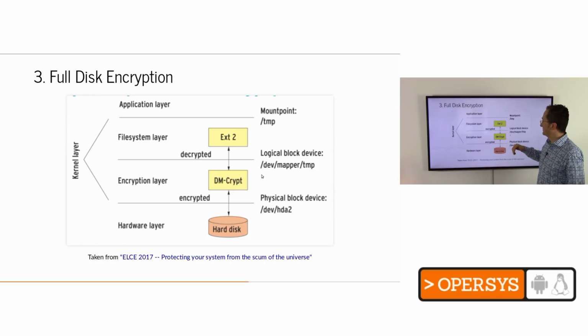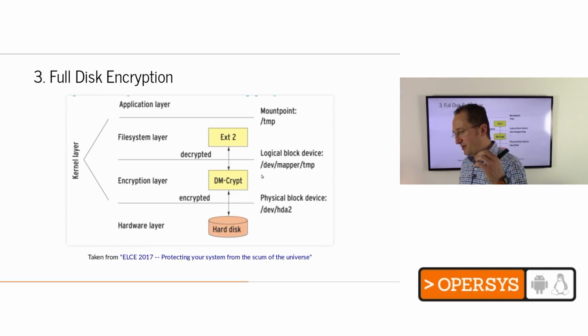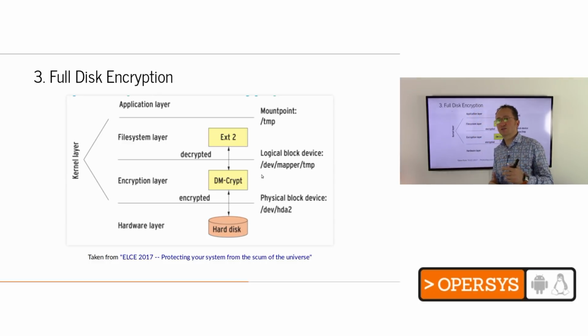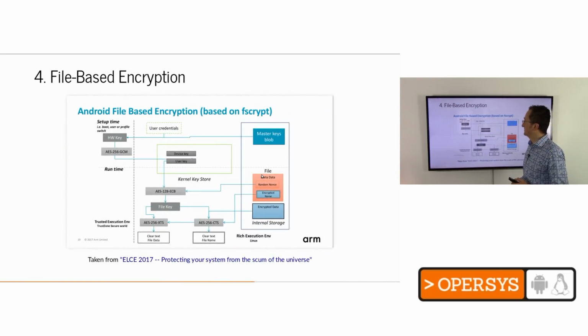The device mapper is a layer in the Linux kernel that allows us to insert a software abstraction between the file system and hardware access. In this case, dm-crypt is being used to ensure that the entirety of the disk is encrypted. And this is going to go under, say, ext4 and off to the block layer further down.